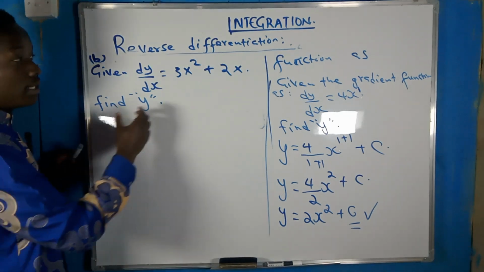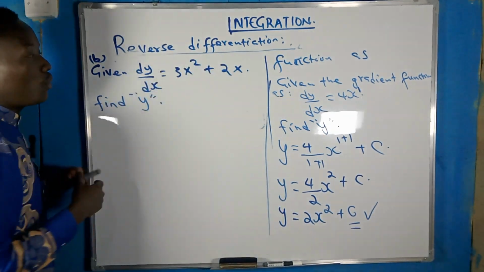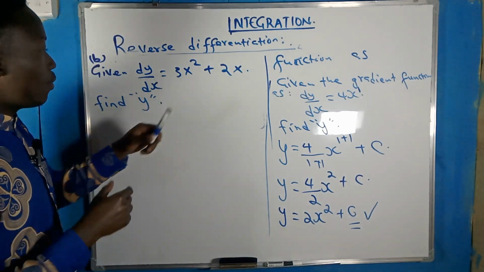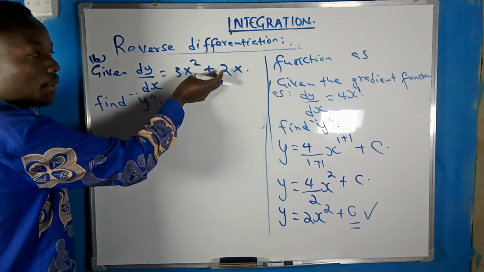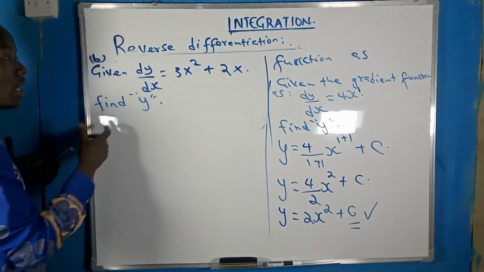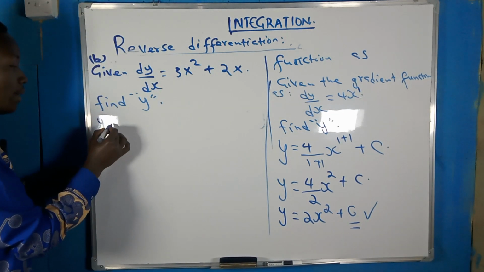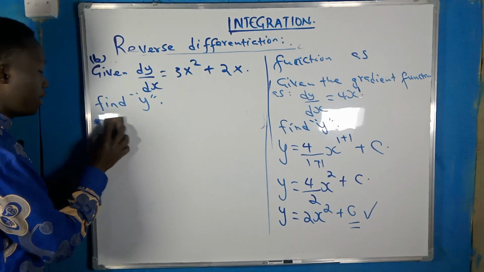This one is a function. And for us to integrate this, we need to integrate both of them at the same time. So we are going to integrate this one separately and this one separately and maintain our sign as addition. Remember, let's start by writing our general formula.